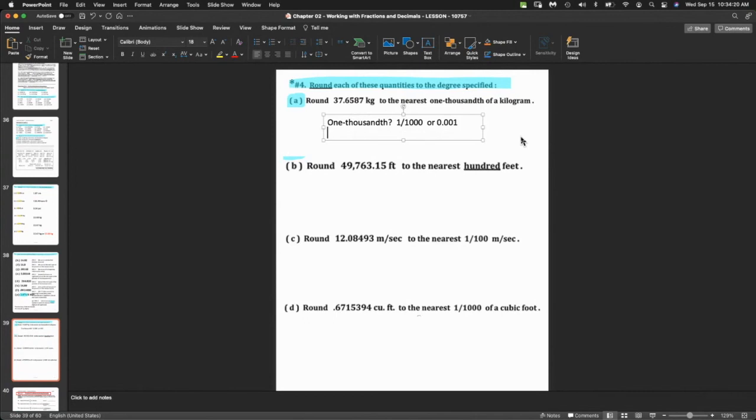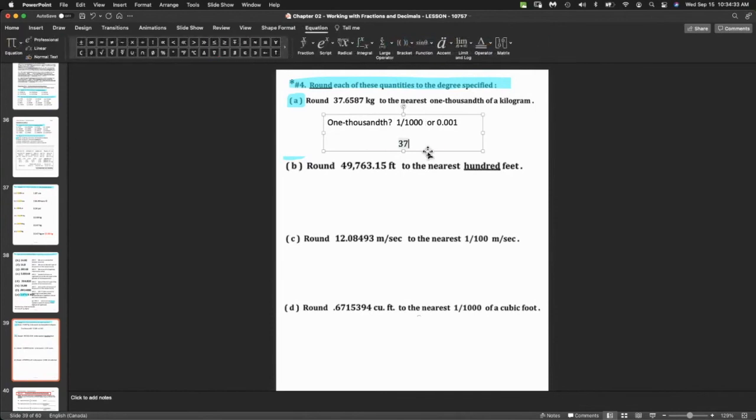So this type of question is more of a language barrier than anything else, remembering that thousandth with the th at the end means a fraction or a small number. So in this case, what would be the correct answer? 37 point what kilograms? What's the decimal part? Is it 6? What do you put here?